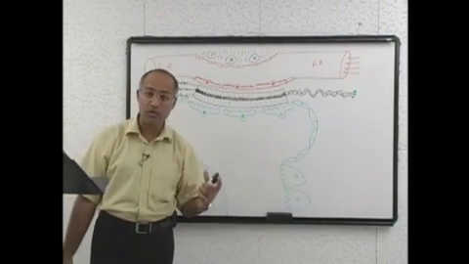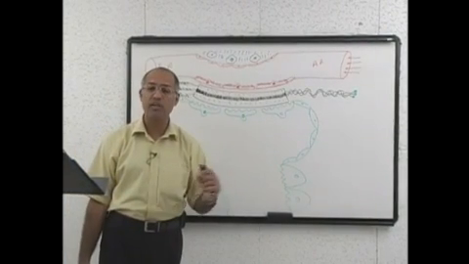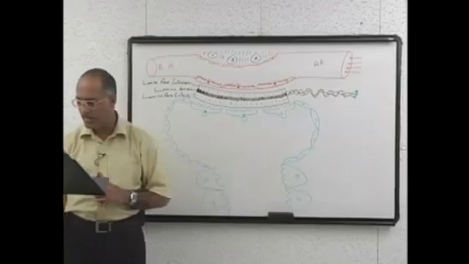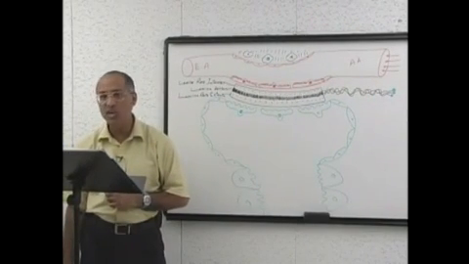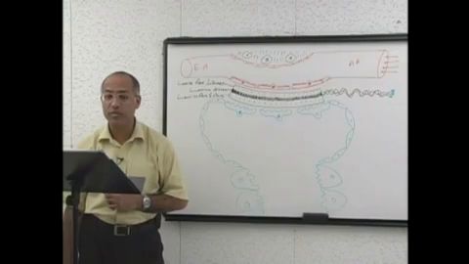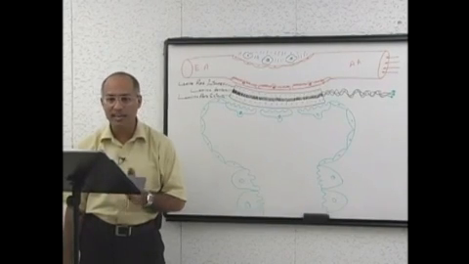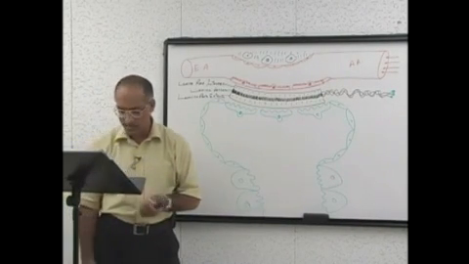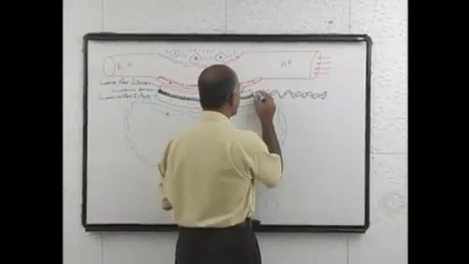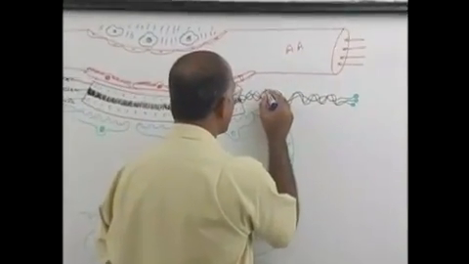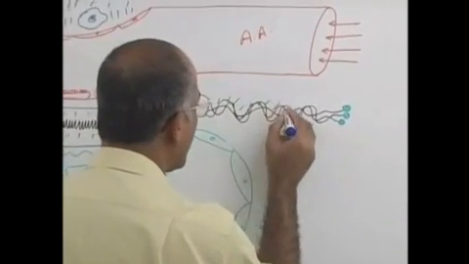Right? What are those molecules which make the glomerular membrane very much electronegative? Those molecules are polyanionic proteoglycans. Poly means many, anionic means negative charges.